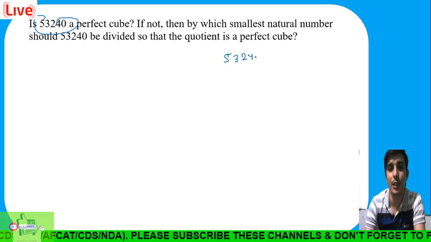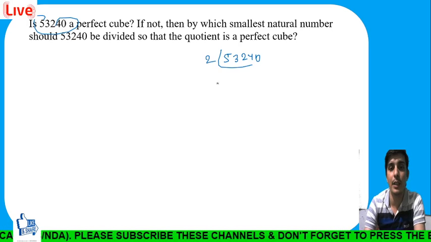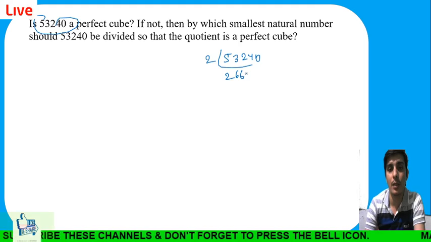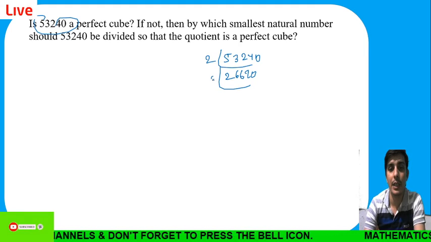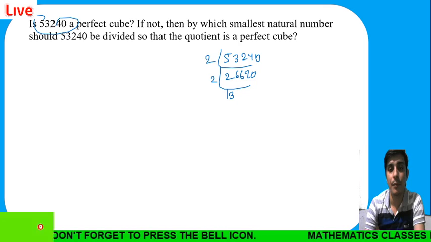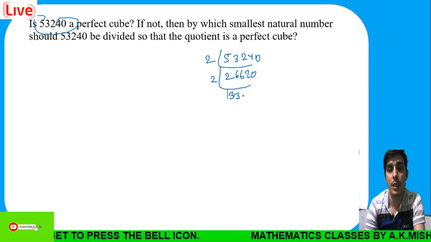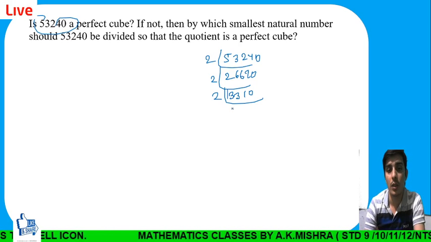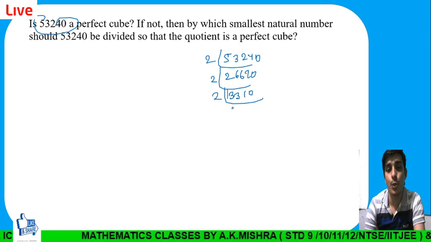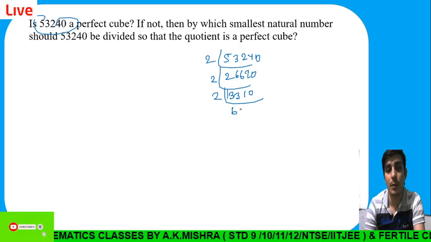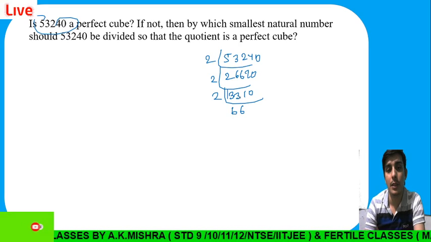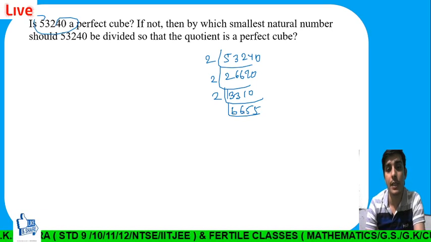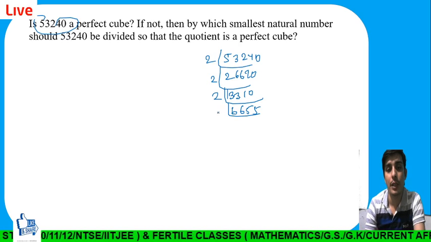So we can write here 53,240. Two 2s are 4, two 6s are 12, and two 6s are 12. Now two 13s are 26, two 5s are 10. Once again, two 6s are 12, and two 5s are 10, and now we can divide by 5.